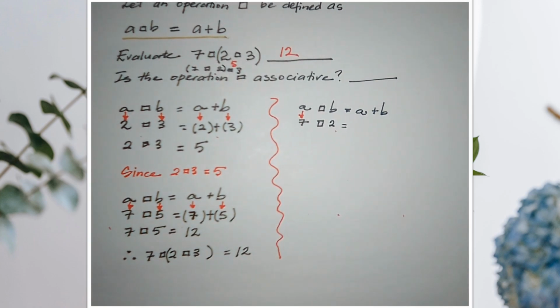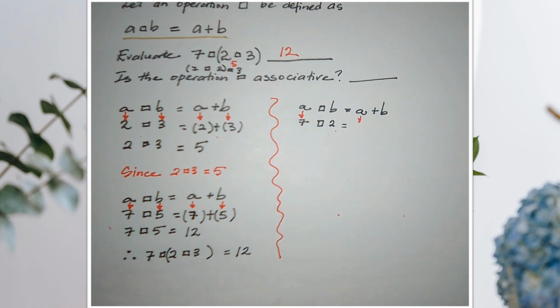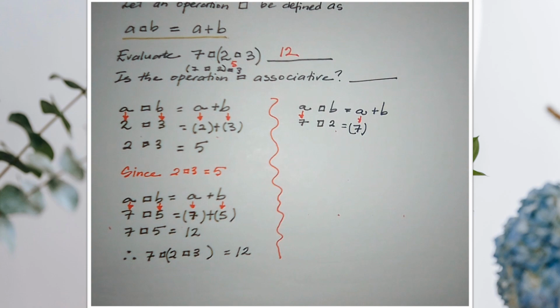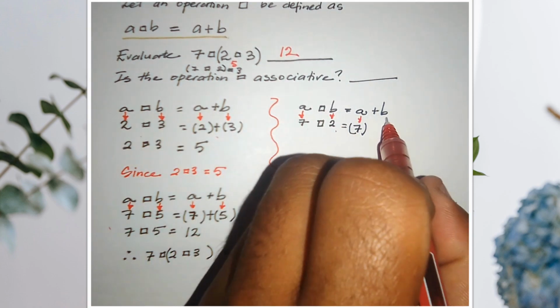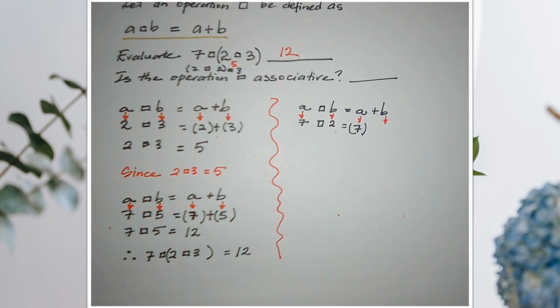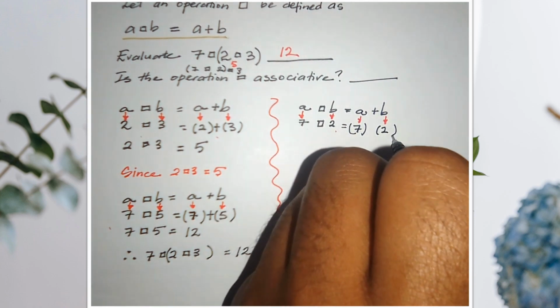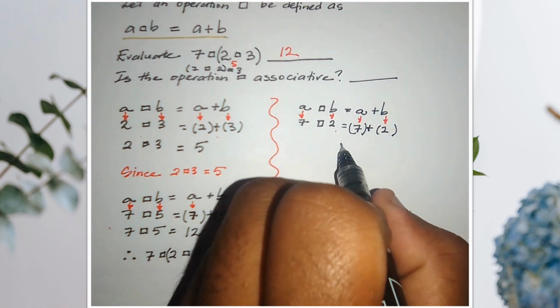So I have to search for A and replace A with 7. Good. The value of B is 2, so I have to look for B and replace it with 2. See that there's a plus between them, so I'm going to keep that.